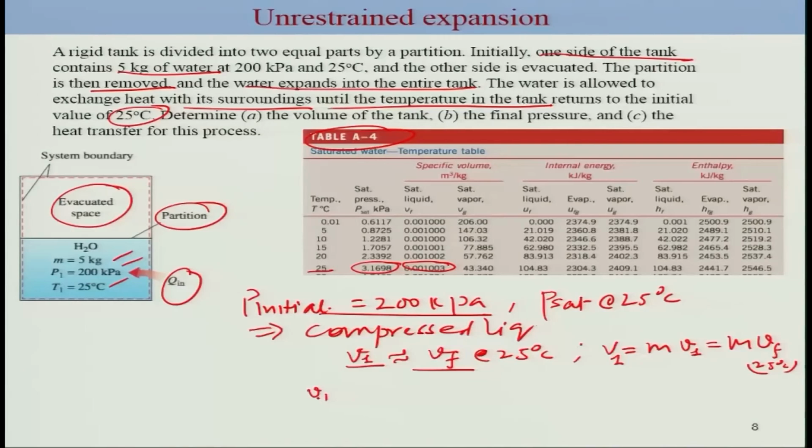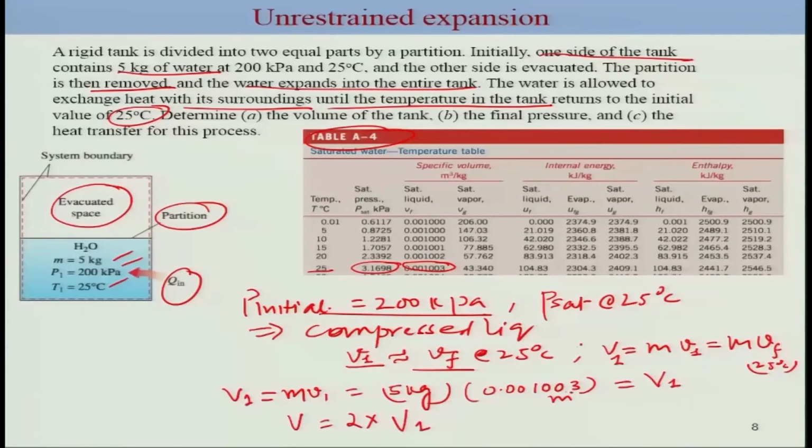So V1 is 5 kg multiplied by the specific volume of the liquid, which is 0.001003 meter cube per kg. So this is going to be the initial volume. What is the total volume here? The total volume is going to be 2 times the initial volume.